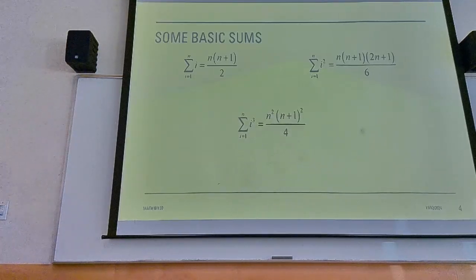And the sum of the cubes of the first n integers is n squared times the quantity n plus 1 squared, all over 4.